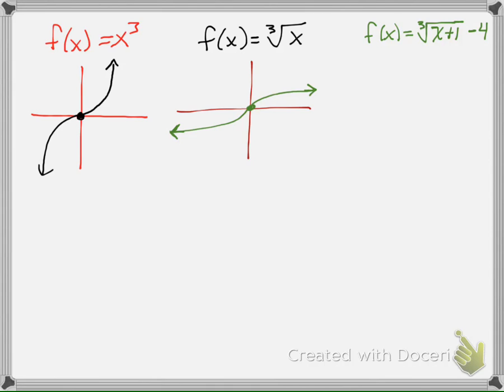Where that middle dot is now located. What does the plus 1 do to it as it's underneath? It moves to the left 1 spot, so we would say left 1, and then down 4.